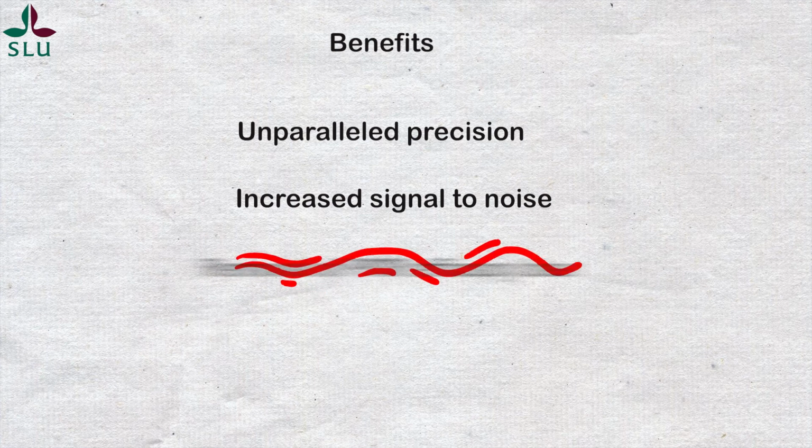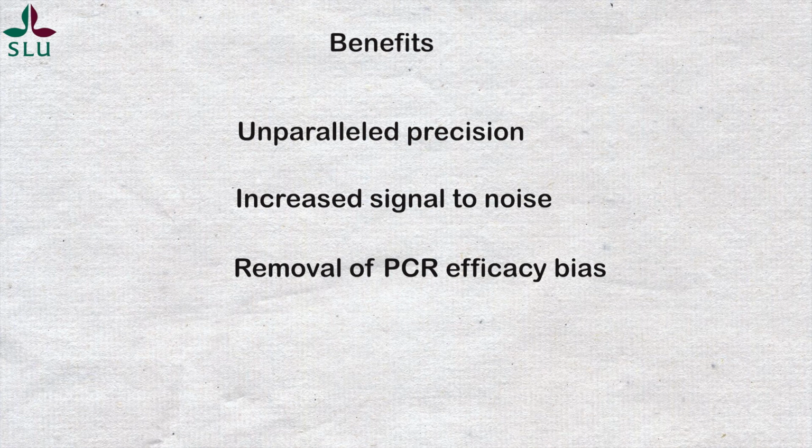Thirdly, error rates are reduced by removing the amplification efficacy reliance of the PCR. This permits accurate quantification of targets. Finally, the quantification is absolute, but also simplified since a standard curve is not required.